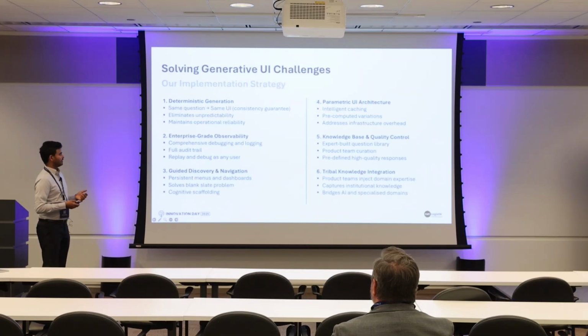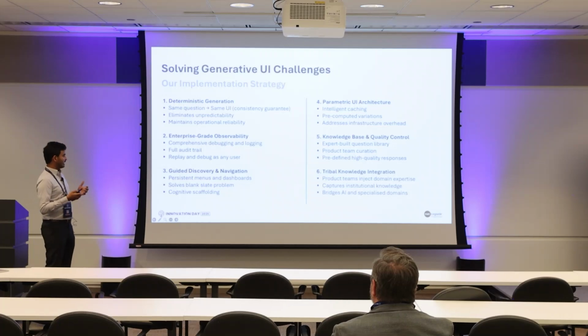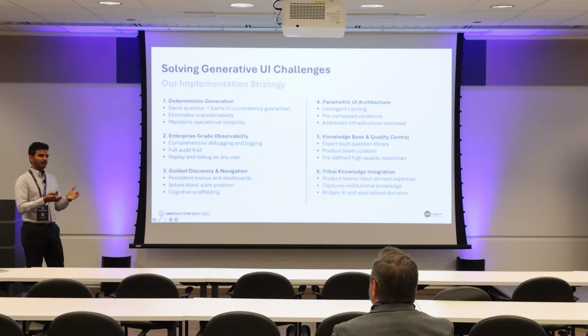But most of the problems can be solved by working with some Gen UI setups. In our case, we train LLMs to generate the same UI for the same prompt that is put in.